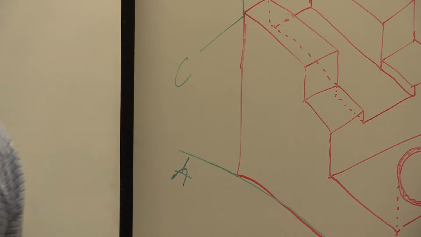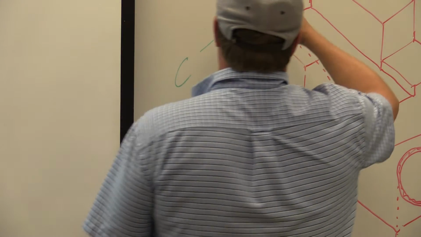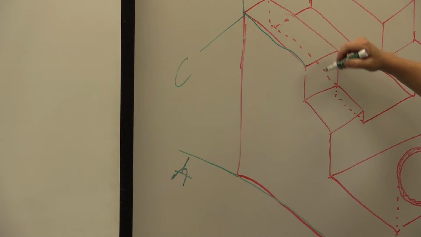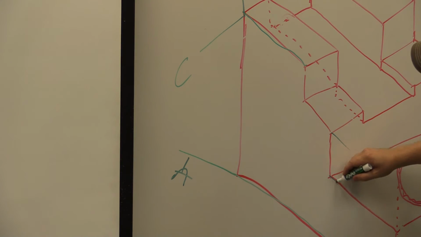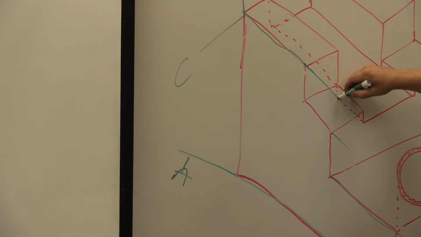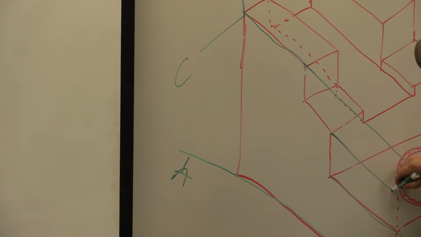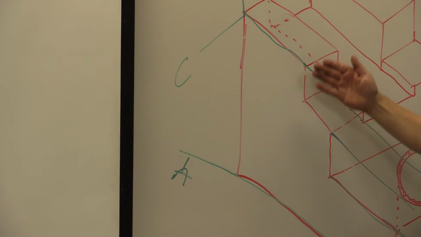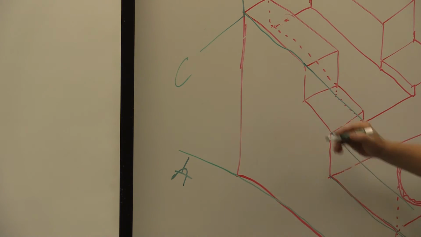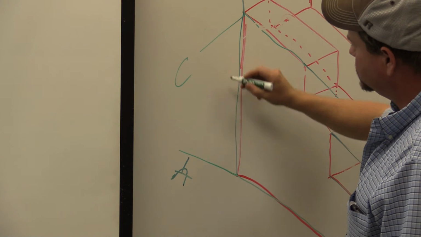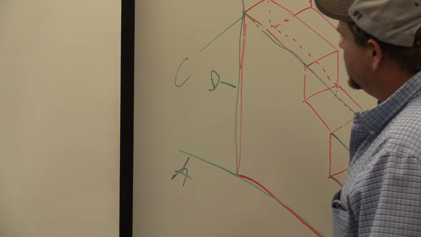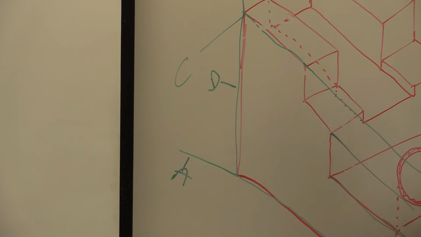See? Then your next datum line, which is D, it shows is off of this edge. So this piece right here, this side, is D. So now we have an X, Y, and a Z axis.